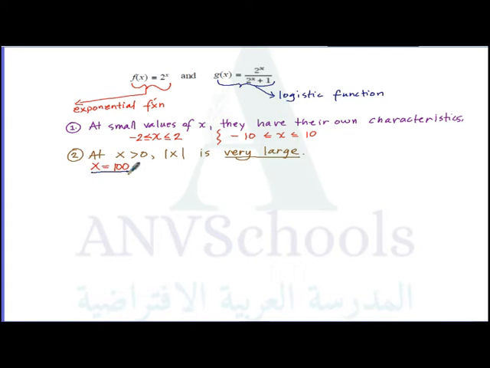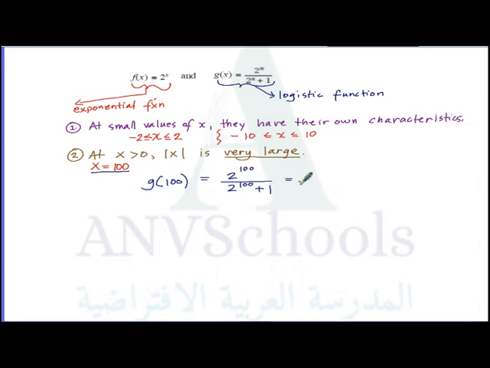Now at this value, let us see the behavior of our g of x. So g of 100, our x is 100. And this will give me 2 raised to 100 over 2 raised to 100 plus 1.